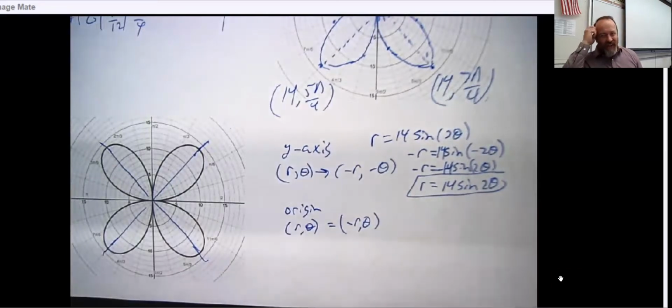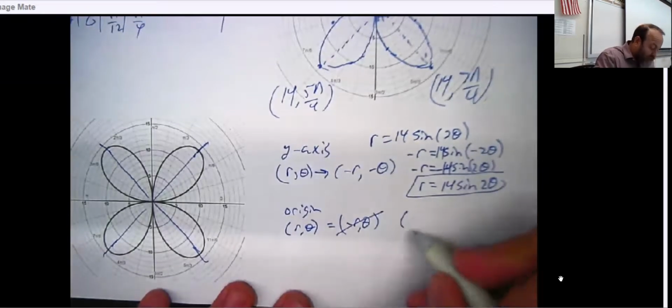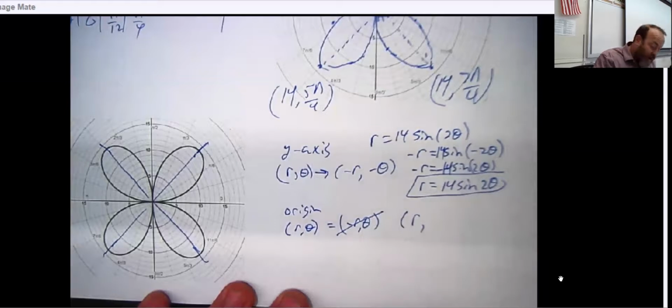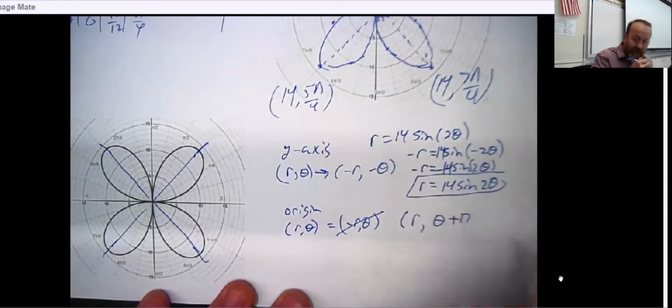But that's hard. I can't tell. And so I actually tell students that this is like a false negative. I tried it and it didn't appear to be true. And that's a little hard, but that's one of the reasons why it helps to know what the graph looks like. So we're going to try this one here instead, which is we're going to replace r with r, and we're going to replace theta with theta plus pi.